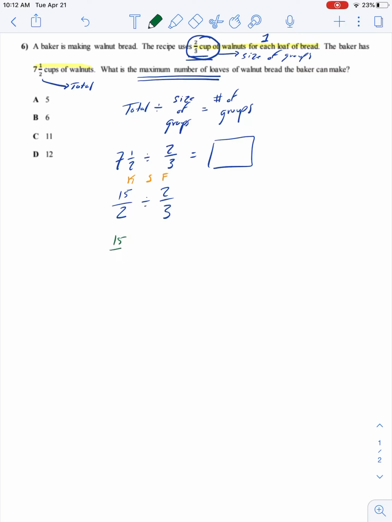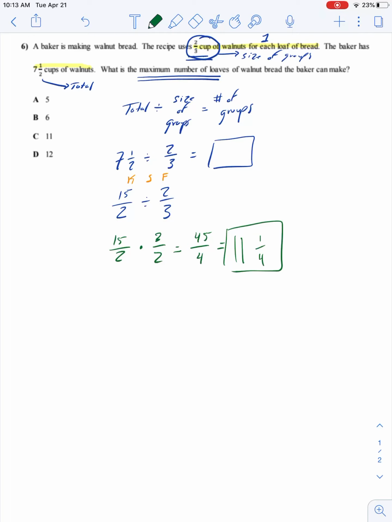I keep my 15 over 2, I change my division to multiplication, and I flip my 2/3 to 3 over 2. 15 times 3 gives me 45, divided by 4. 4 goes into 45 11 times, with 1/4 left over.